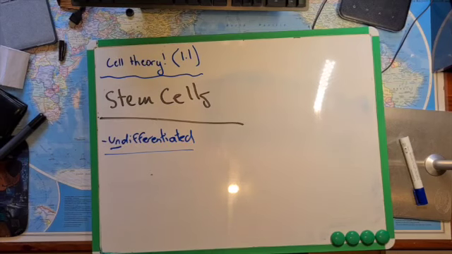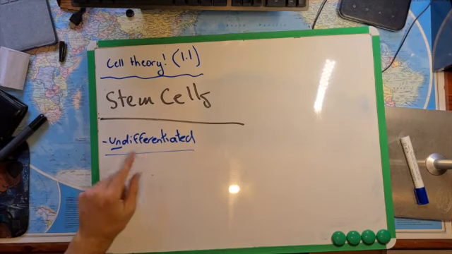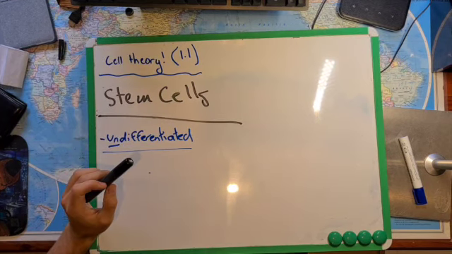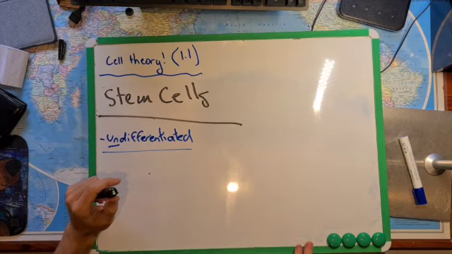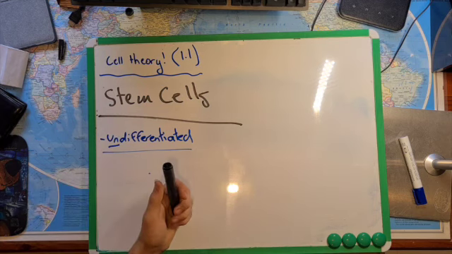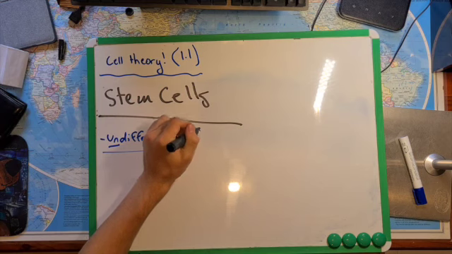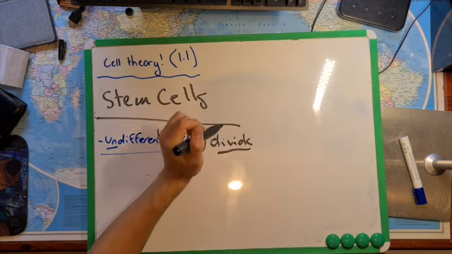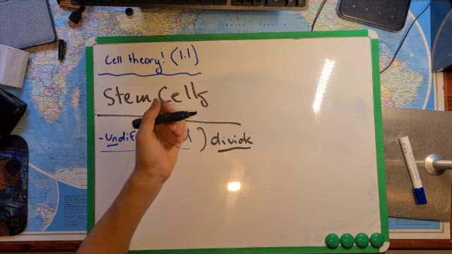Stem cells link strongly to this idea of undifferentiated cells, and they're present within humans typically in the early stages of pregnancy. So stem cells are undifferentiated and they can divide indefinitely to form more stem cells.